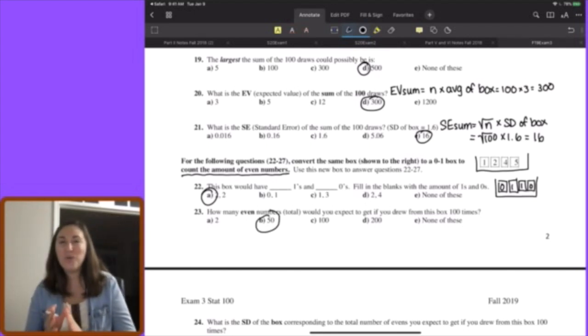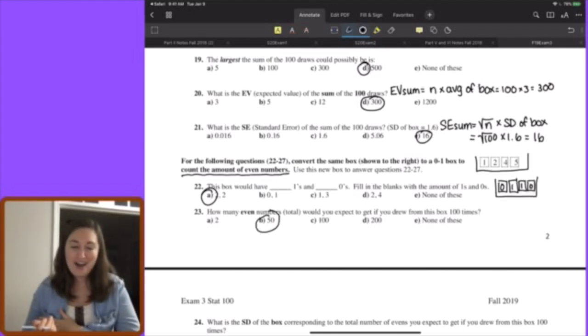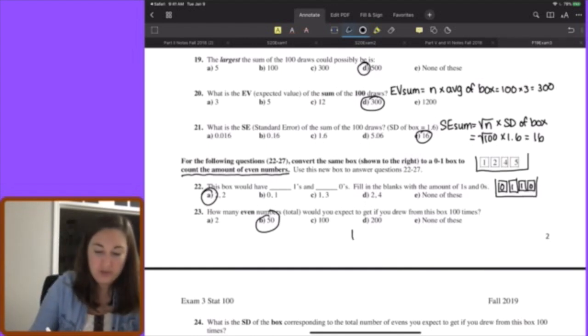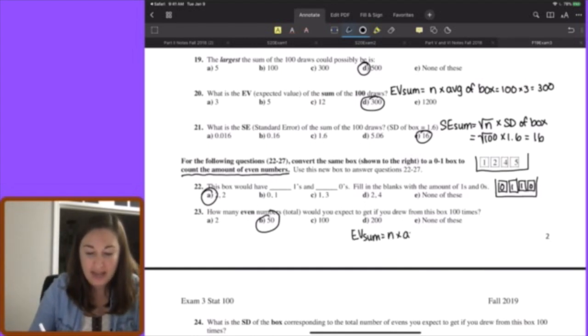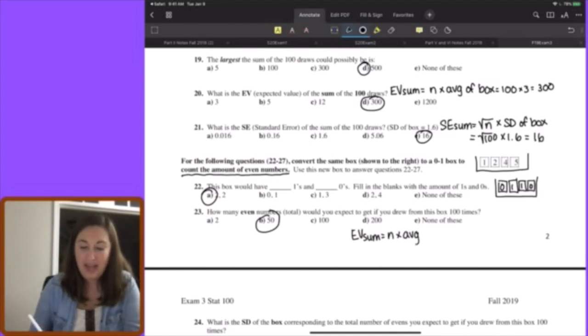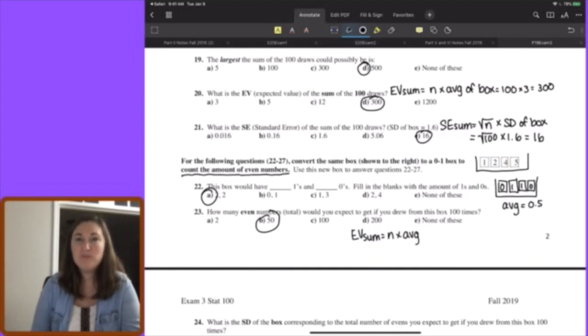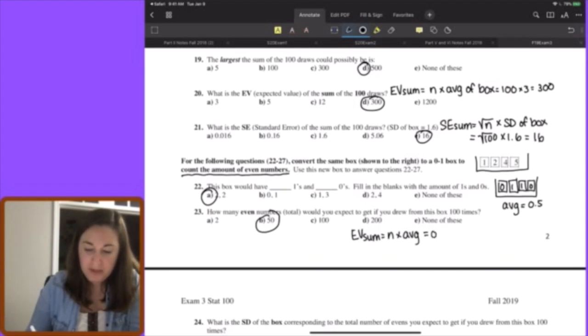It's kind of like a coin in this case. If you wanted to do the expected value for the sum formula, it would be n times the average of the box. The average of this box is 2 over 4, 0.5. So 0.5 times 100 is another way to get that 50.